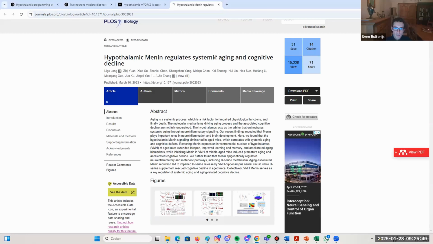Hypothalamic menin regulates systemic aging and cognitive decline. So you see there are multiple papers showing that the brain is some type of central regulator of lifespan and aging. And that's exactly what we also see here, that brain aging specifically was the best predictor.